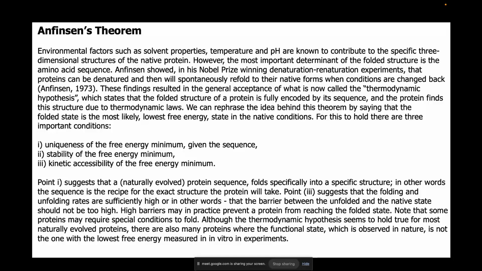So the protein moving from an unfolded to a folded state also has to cross that activation energy barrier. But if the barrier is too high, it does not work well. So it can't be too high. If it is too high, the protein can't go into the folded state. So high barriers may in practice prevent the protein from reaching the folded state.